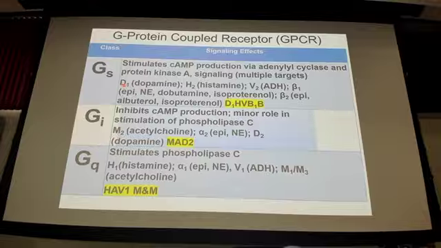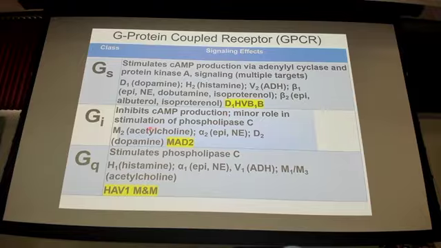These would be the extracellular proteins: dopamine 1, histamine 2, vasopressin 2, that are associated with G sub S. And in parentheses is the ligand that binds to these proteins. So dopamine binds to dopamine 1, histamine binds to histamine 2, antidiuretic hormone binds to vasopressin 2.